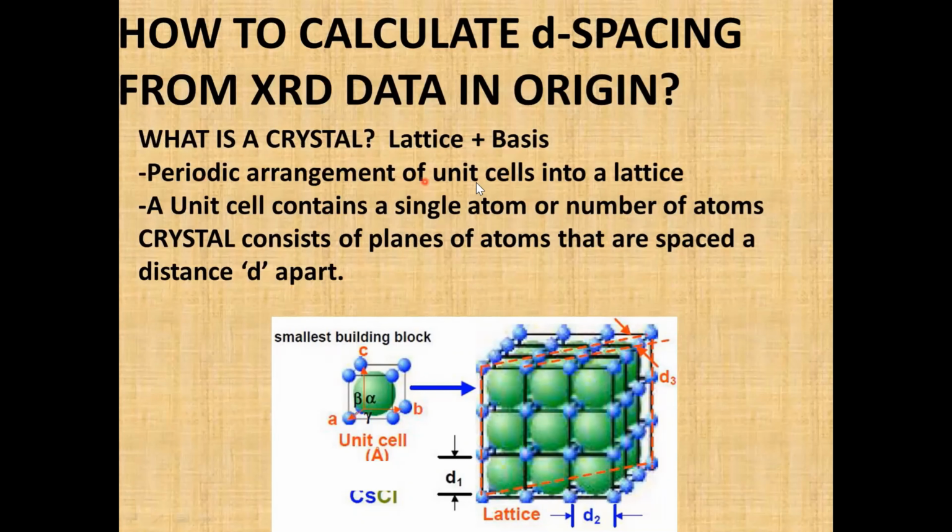So a periodic arrangement of unit cells in a lattice represents a crystal. Now, what is a unit cell? A unit cell contains a single atom or a number of atoms, and it is the smallest building block of the crystal. So a crystal consists of planes of atoms that are spaced by some distance, d.